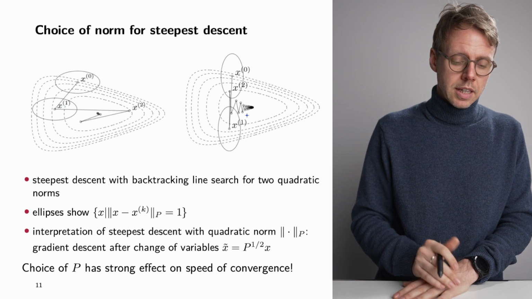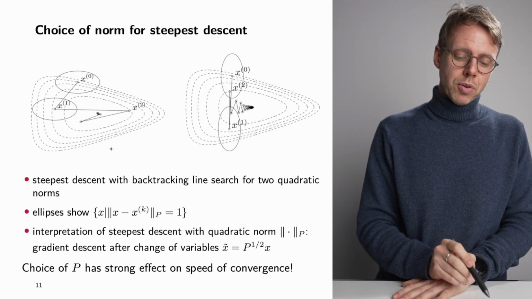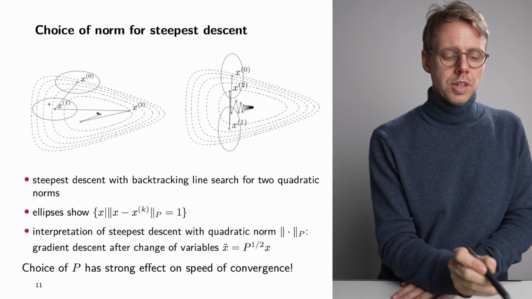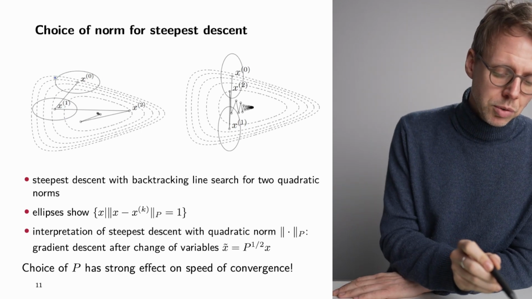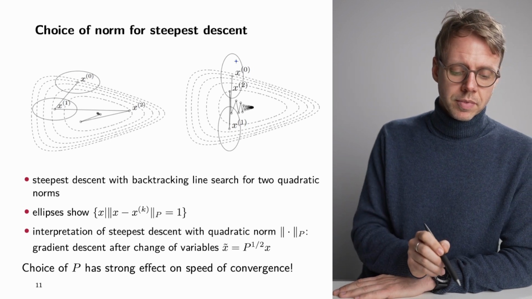Here we look at the same example in R2 as before, but for two different norms. So here we see the unit balls of the corresponding quadratic norms.